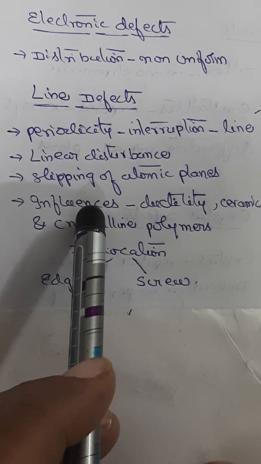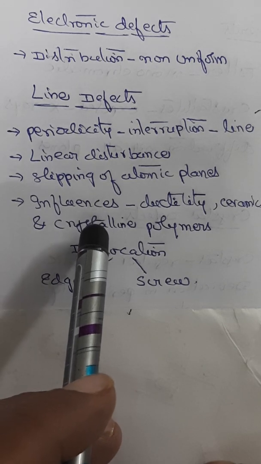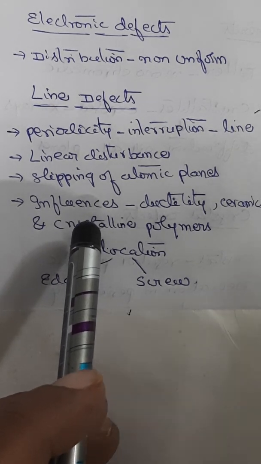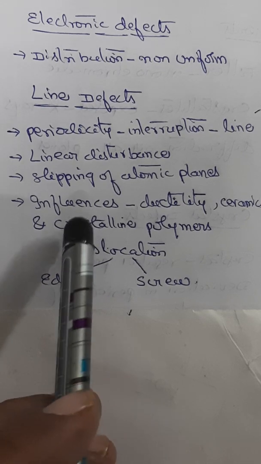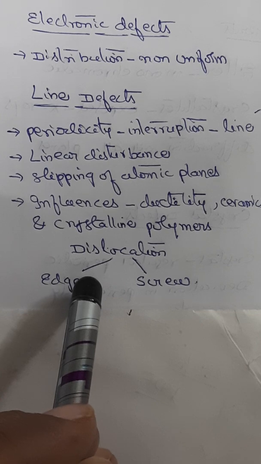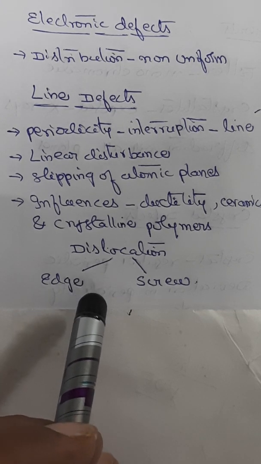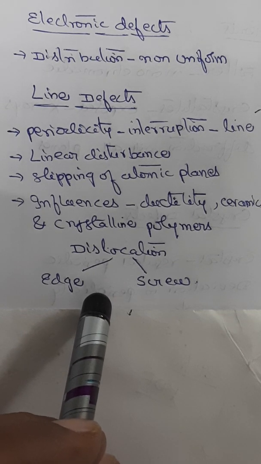Dislocation refers to a linear disturbance of the atomic arrangement in a crystal. Generally, this defect occurs in the process of formation of the crystal and also during slipping of the atomic planes over the others.